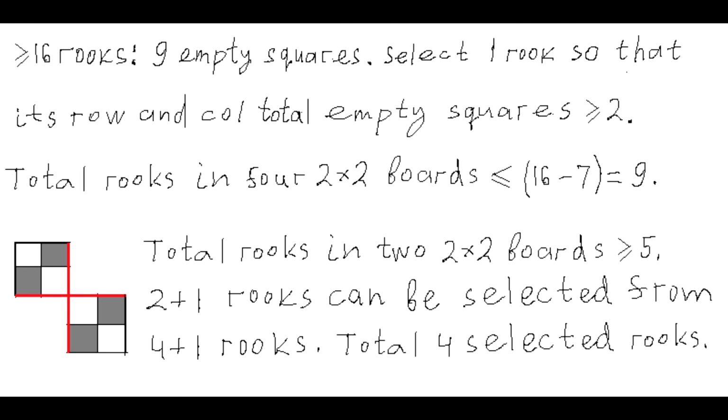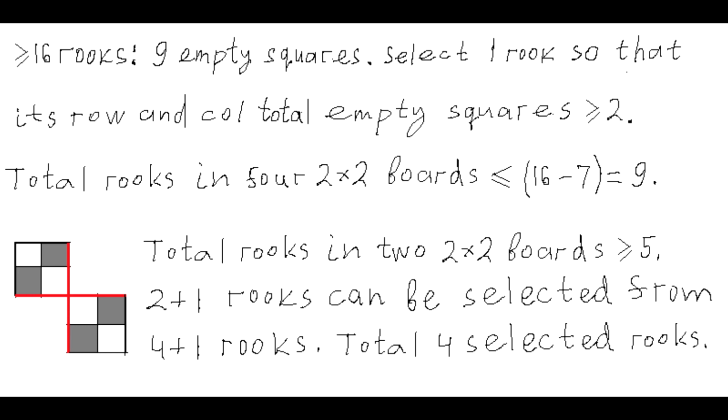To prove that it's possible to select at least 4 rooks that do not attack each other from 16 rooks or more, it suffices to prove that it's possible when exactly 16 rooks are placed in a 5 by 5 board. To prove it for 16 rooks, we can observe that 9 empty squares are among 25 squares. 25 minus 16 is 9.